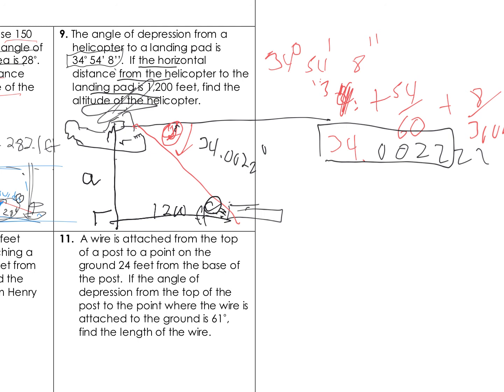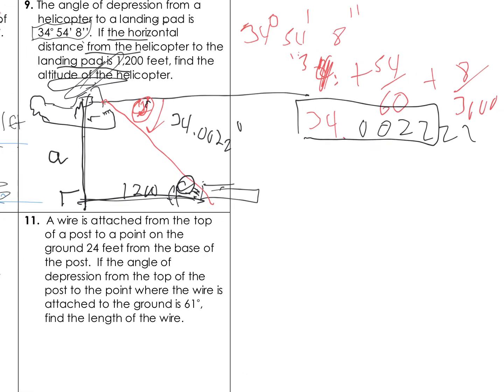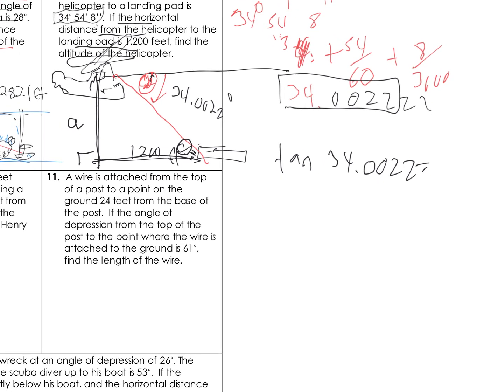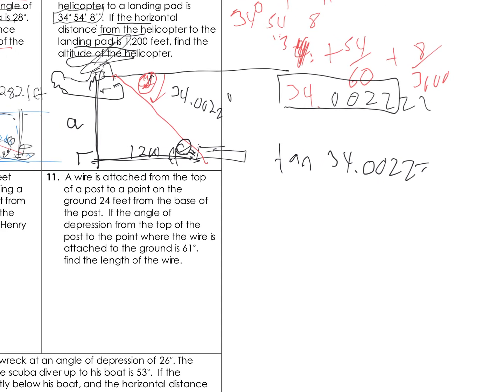What trig function uses this side and this side? It's your best friend. Tangent. Tangent of 34.0022 has to be, the opposite is the height.